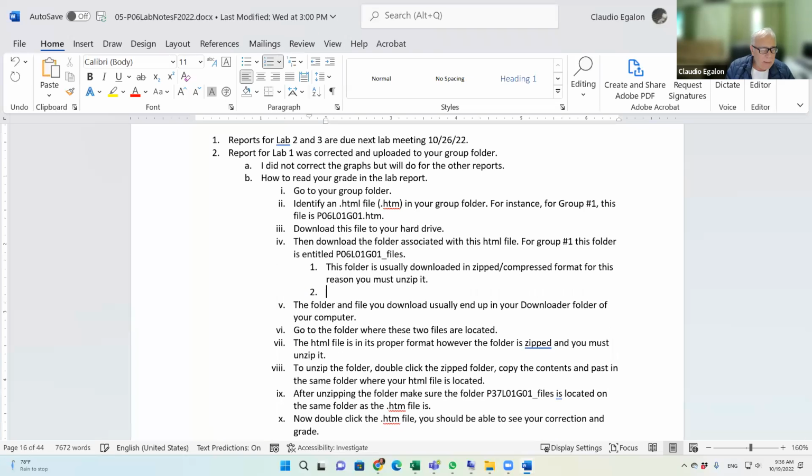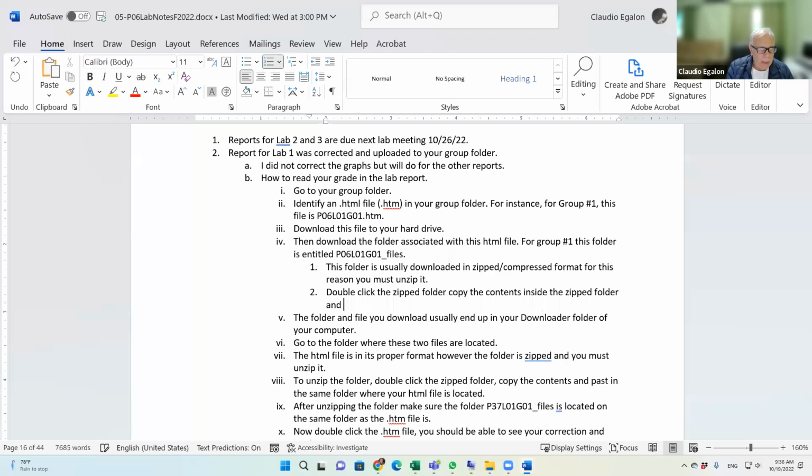How do you unzip it? Double click the zip folder, copy the contents inside the zip folder, and paste it outside the zip folder. Okay.